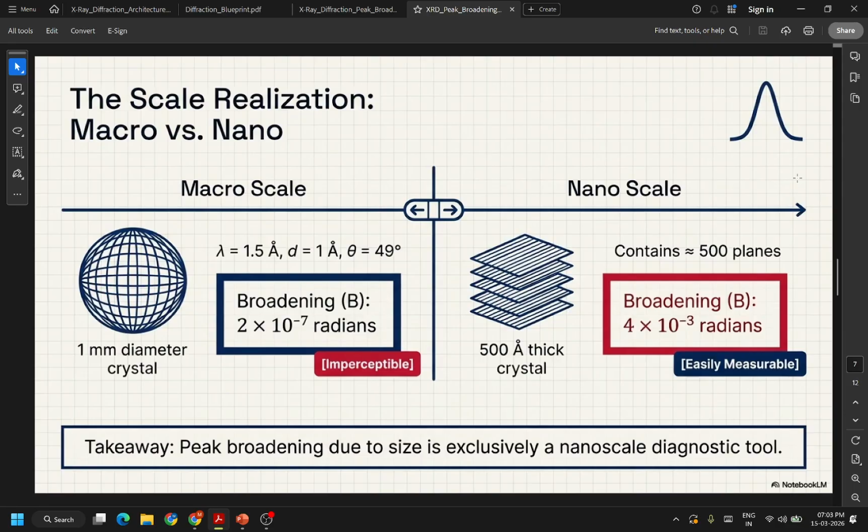If you apply that broadening to calculate your size, you will get a wrong value, because that broadening is not coming from size. Broadening from size is very small and not detected by the detector. So only when you are measuring very small particles in the nanoscale can you use the peak width to measure your size.